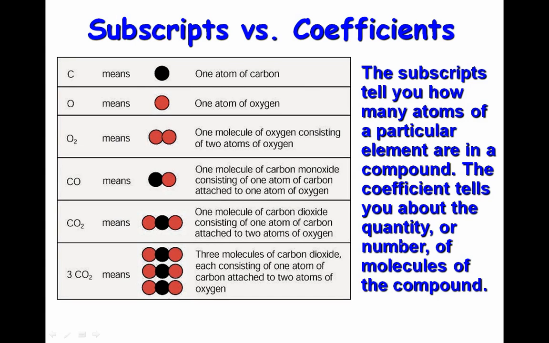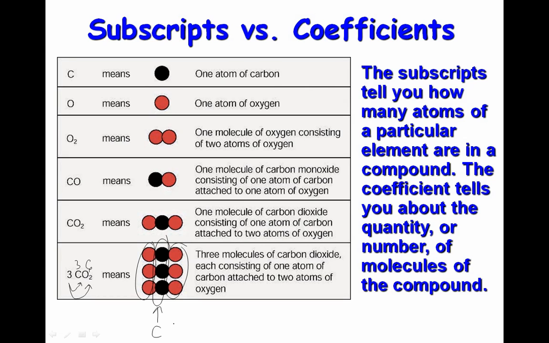If you have CO, that means 1 molecule of carbon monoxide, which contains 1 carbon and 1 oxygen. CO2 contains 1 carbon and 2 oxygens, but it's still 1 molecule. If you have 3 CO2s, you have to apply the 3 to both of them, so that would be 3 carbons and 6 oxygens. And if you can count them up right here, 6 oxygens, 3 carbons. Okay?